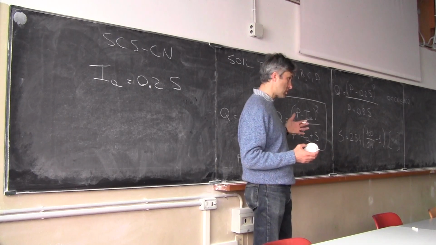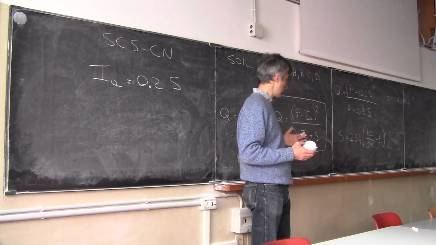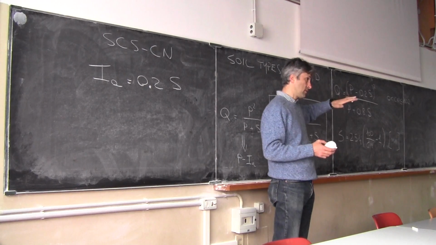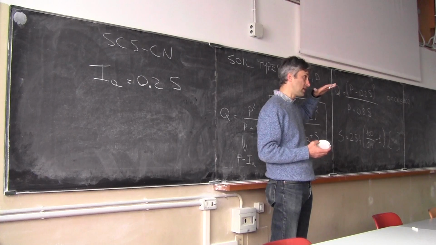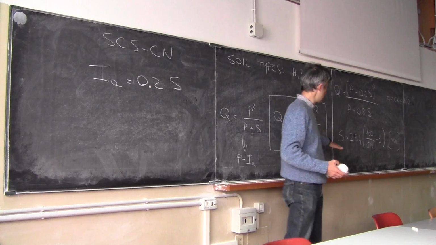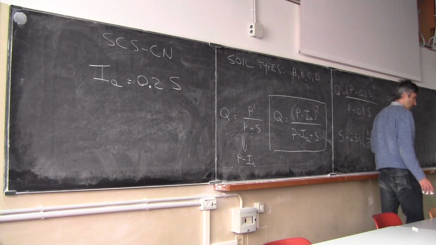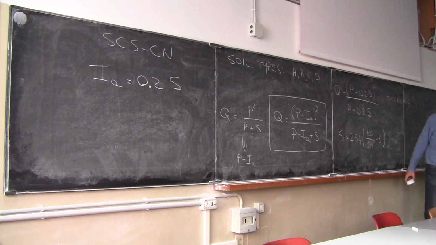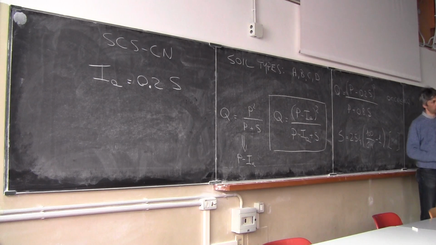For each land use option and each soil option, the SCS provided tables of the CN coefficient. We can see an example later on. These are very simple tables. You enter the table with the soil type and the land cover type, and you get an indication of the CN coefficient.